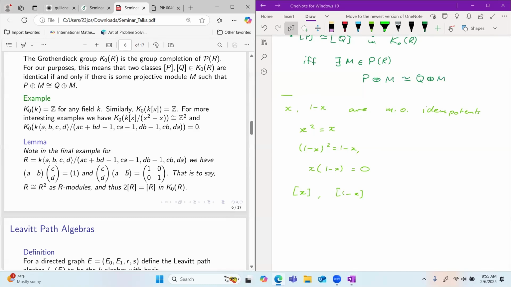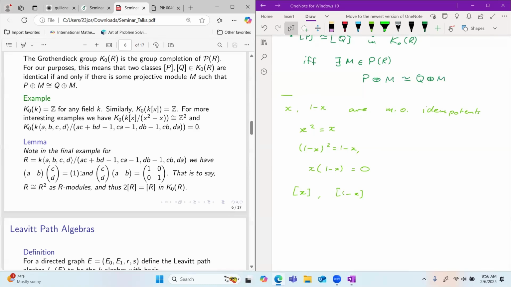And if you swap them around, you get the 2 by 2 identity matrix. You can check that my relations up here assure this. That is to say that AB and CD are mutually inverse matrices.